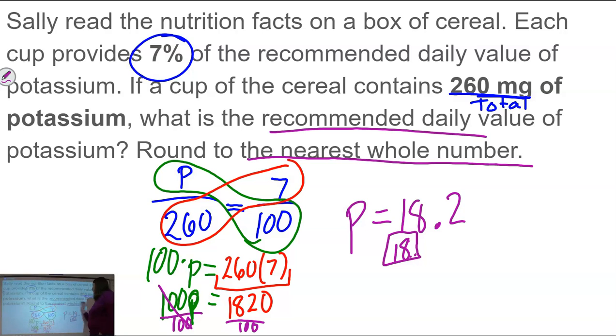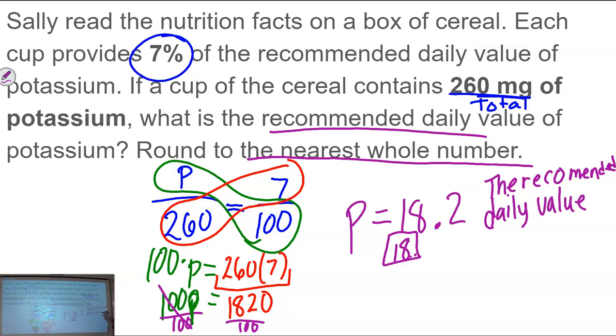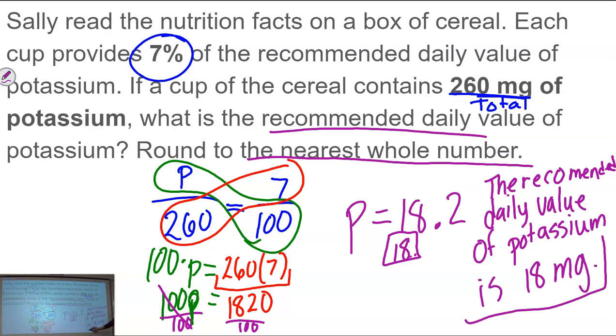I would write, the recommended daily value of potassium is 18 milligrams. All right, that's it. Good luck on your assignment.